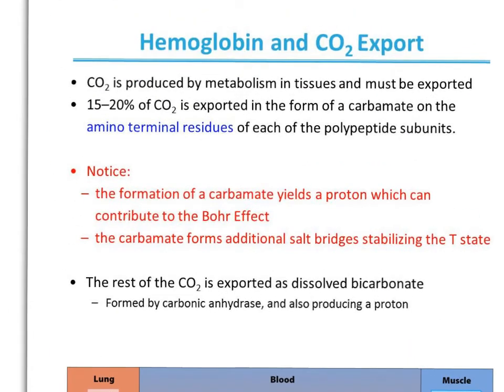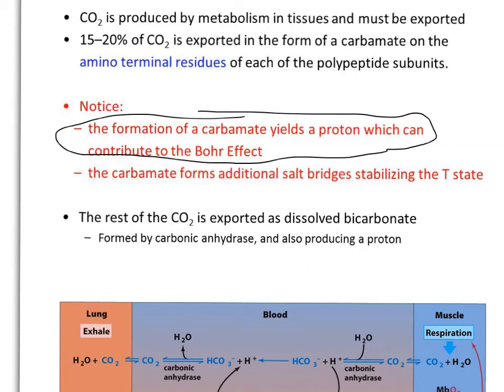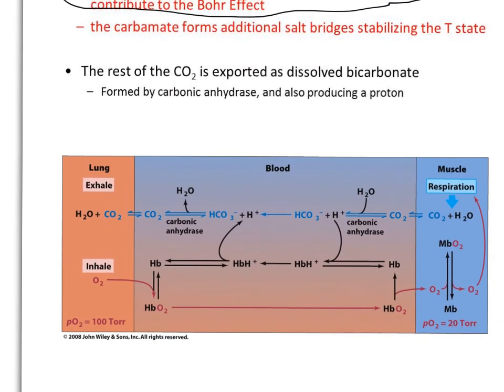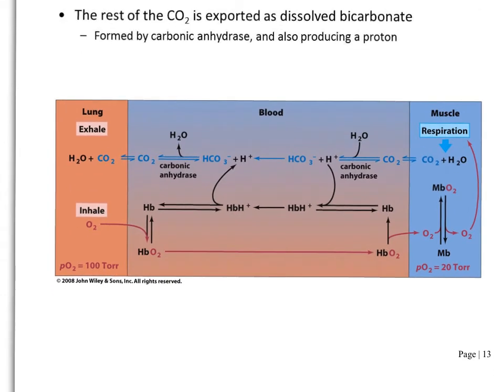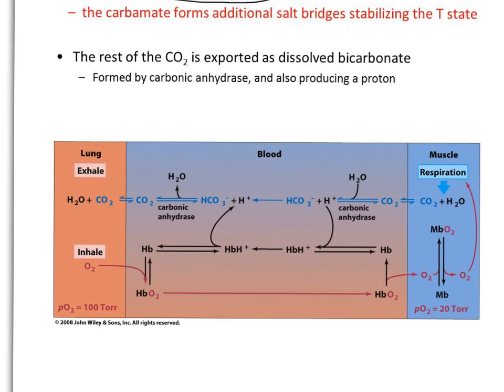I grabbed this one from the book. This top part came from the book, and that person said this, and I just don't think that's a major contributor compared to the protons that are generated as CO2 is converted to bicarbonate. Essentially what's happening is CO2 is converted to carbonic acid, which then can dump off a proton to become bicarbonate.